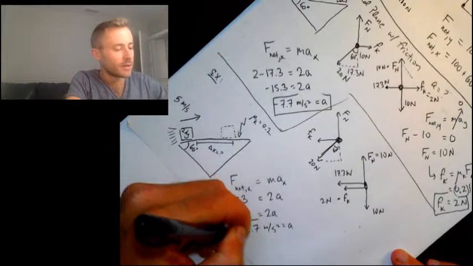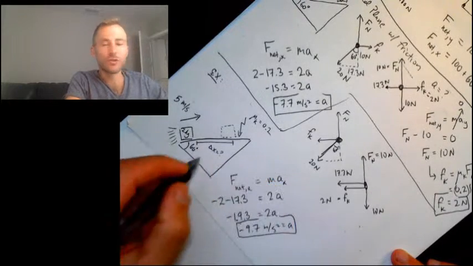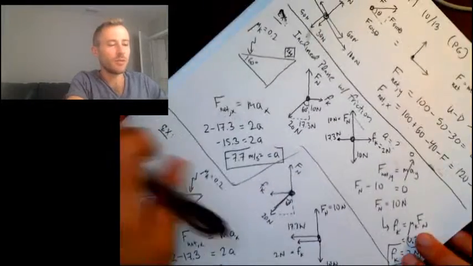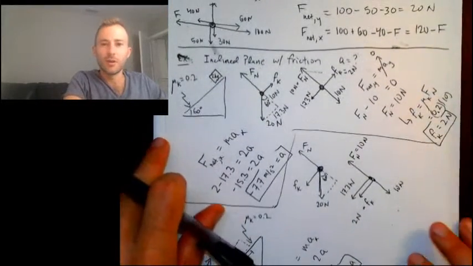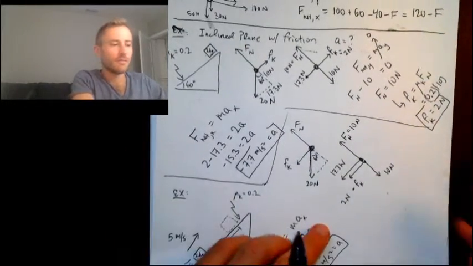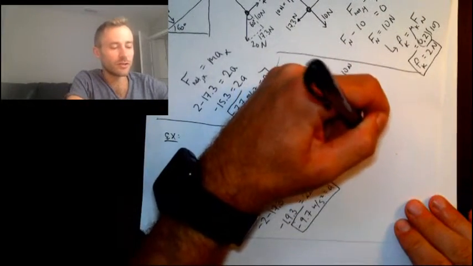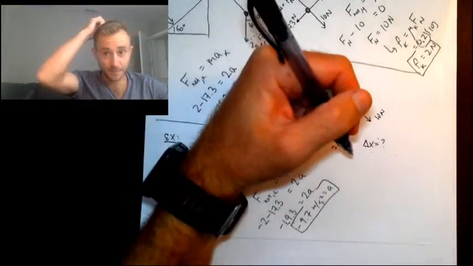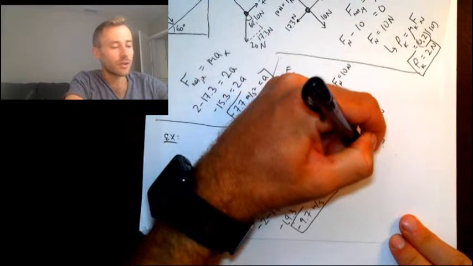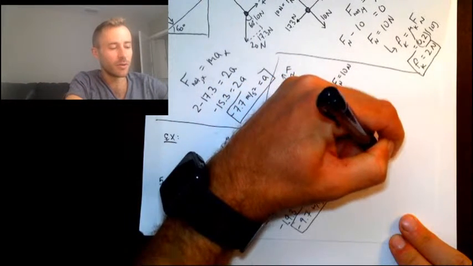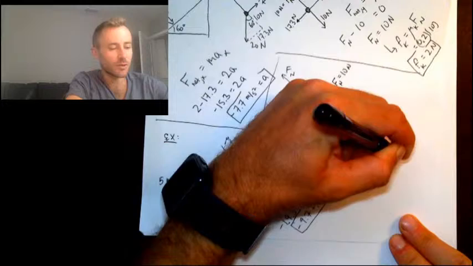Okay? So, we're trying to solve for delta x. So, rotating my piece of paper back. We are trying to solve for delta x. So, delta x is a question mark. The acceleration is negative 9.7 meters per second squared.